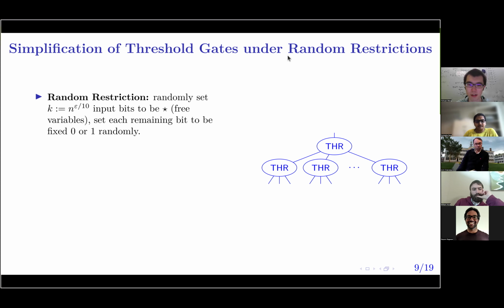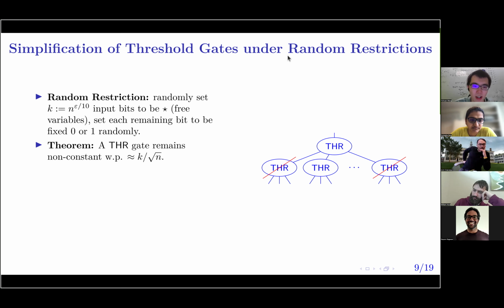We always choose k variables to be free variables, and each remaining bit is set to be 0 or 1 randomly. Then the guarantee on a threshold gate is that after we apply a random restriction, where most of the bits are fixed, a threshold gate remains non-constant with probability approximately k over square root n. Because k is very small, you can think it's just approximately 1 over square root n.